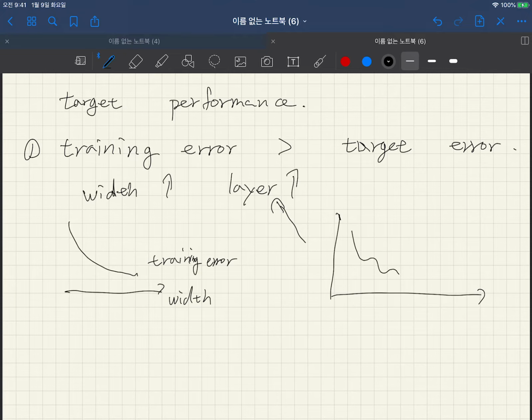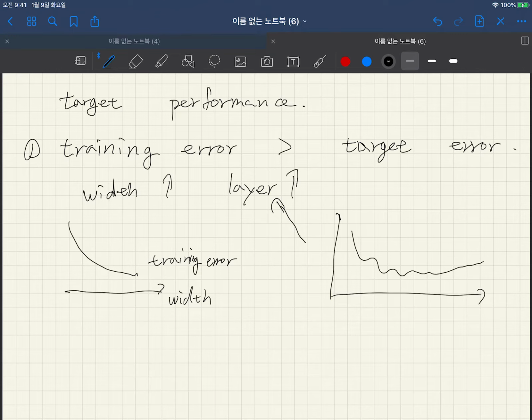There is some kind of up and down, and even in some cases there is an increasing part as well. So with increasing layers, sometimes we cannot expect a better training error curve. I will explain why such a thing can happen in the next video, but remember that increasing width more easily decreases the training error.